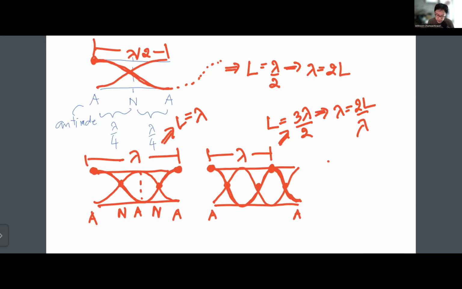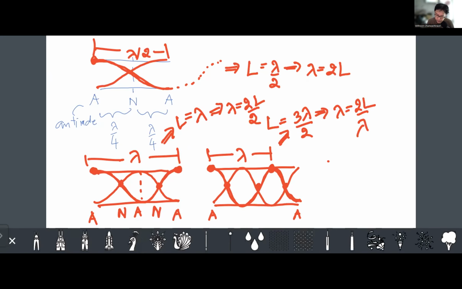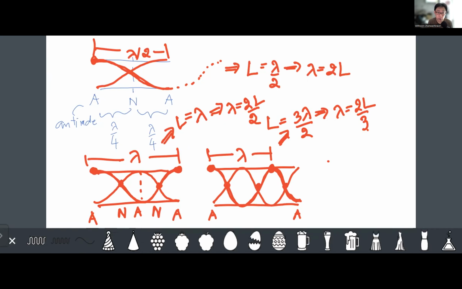So if you try to draw this in a pattern, you can summarize that lambda in the second case is 2L over 2. Oh, I shouldn't have any lambda here, guys. Sorry. 2L over 3, not 2L over lambda. There you go. All right, so now you can see the progression of what is going on.